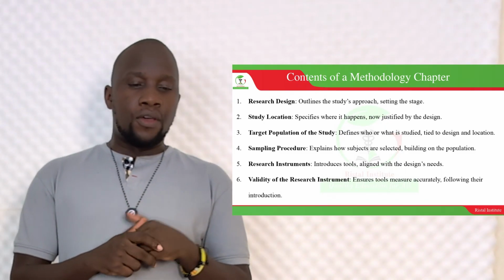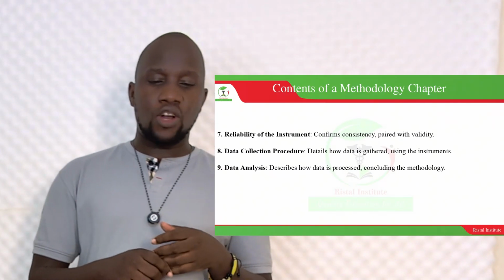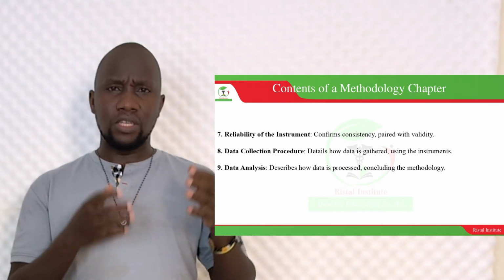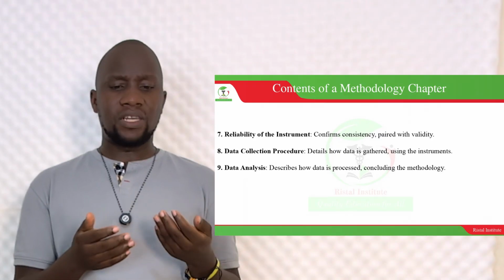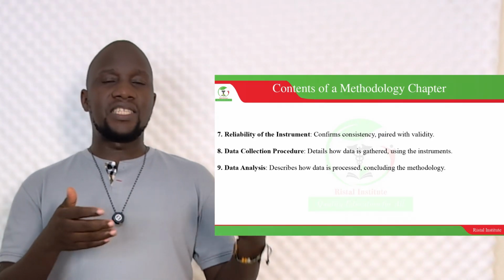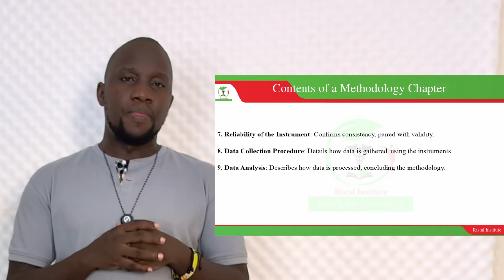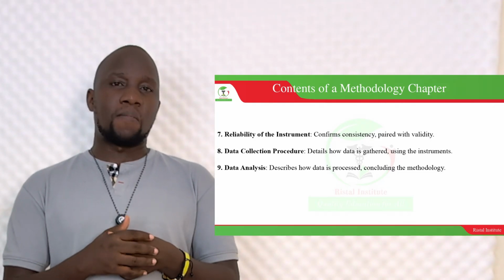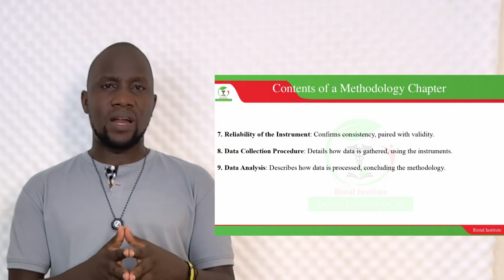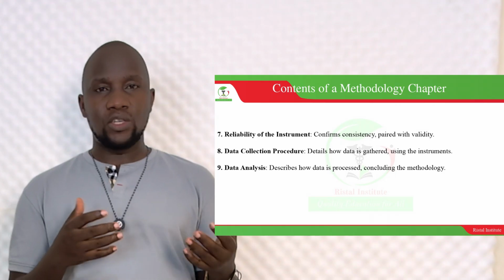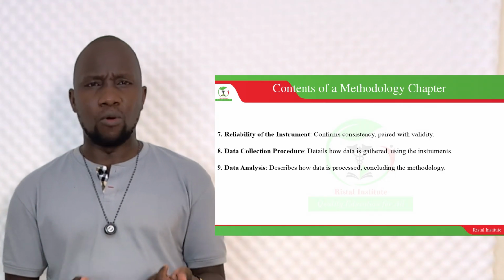Okay, reliability of the instrument is basically what I've just described. If, for example, there is a tendency that different people can come up with different measurements of perhaps the same parameter or maybe the same individual, then we are going to say that that tool is not reliable.